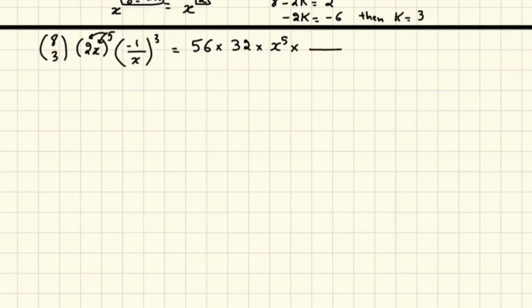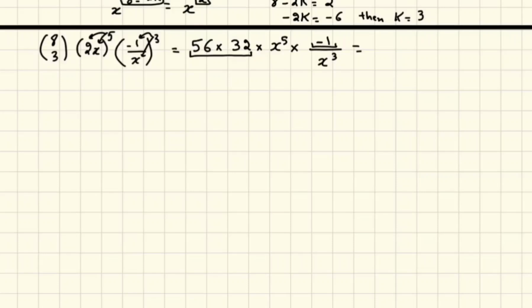Multiplied by, now the exponent 3 will be distributed to the negative 1 and to the x: minus 1 exponent 3, because it's an odd exponent it will stay minus 1, and x exponent 3. Now we're going to multiply 56 by 32 and by the negative 1 that is here.